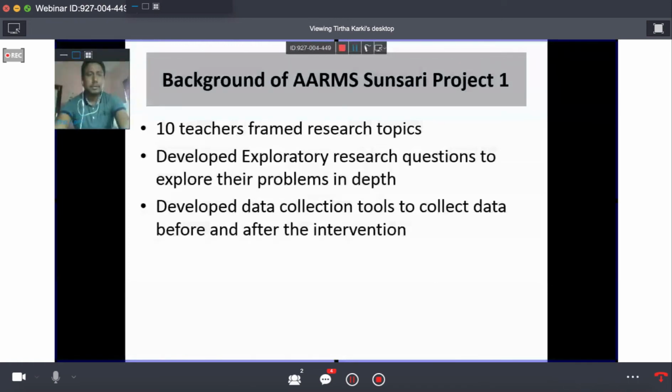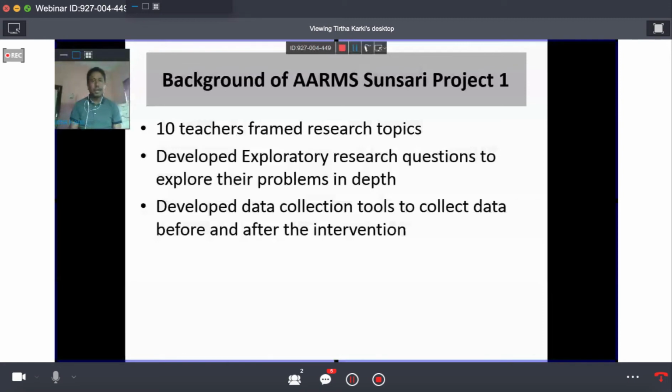So I think you are already familiar with the stages of exploratory action research, since we have two stages. Before action, we have the exploration period, and during the exploration period, the teachers framed research questions, and then to explore their research questions and to understand their problem in depth, all the teachers developed tools to collect data.